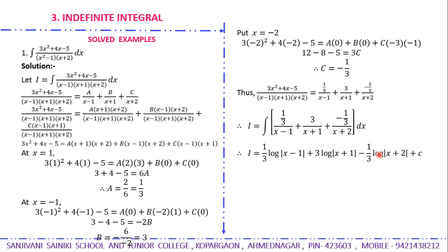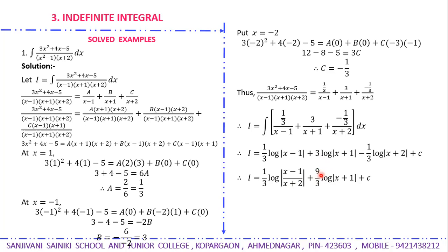Now consider this first term and this last term. Here 1 upon 3, 1 upon 3 is there, so we can take it outside, common from these two terms. Then we get log of (x minus 1) upon (x plus 2), because log a minus log b is equal to log of a upon b.